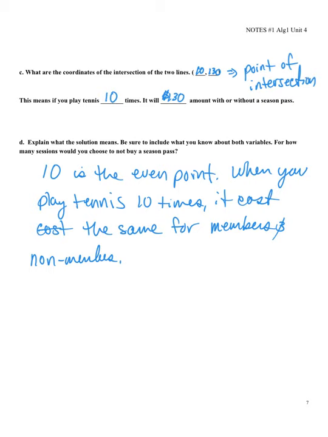All right, so if you're considering whether to become a member or non-member, you want to consider how often you'll play tennis. If you're going to play tennis, it actually probably is 1, because you can't play 0 times, right? Let's make this a 1. Between 1 and 9 times, it is cheaper without a pass.